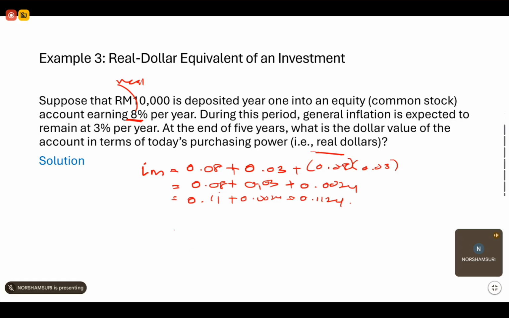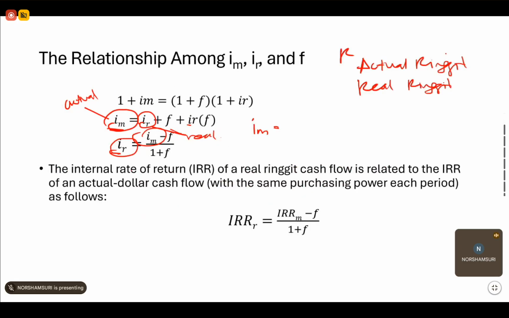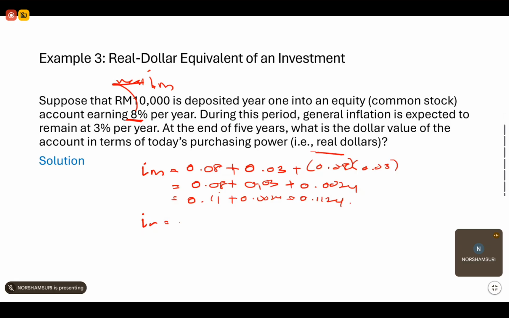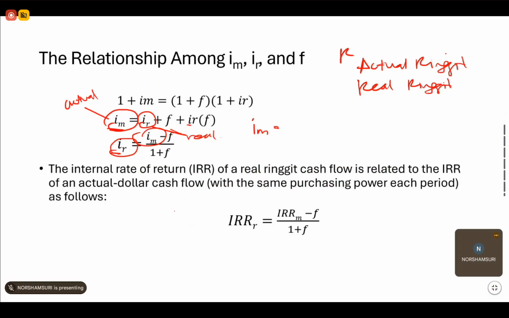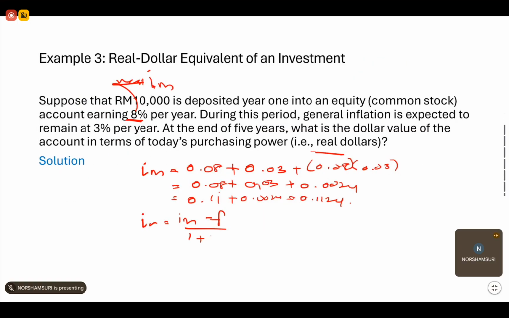But if you want the real dollar, they're using this formula. This one is the market rate, i market. Based on this question, i real is i market minus the inflation, over 1 plus inflation.